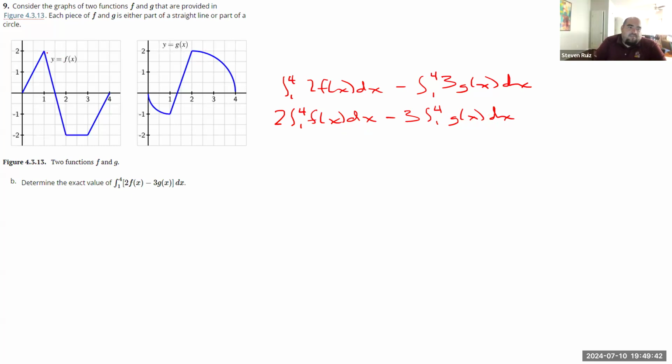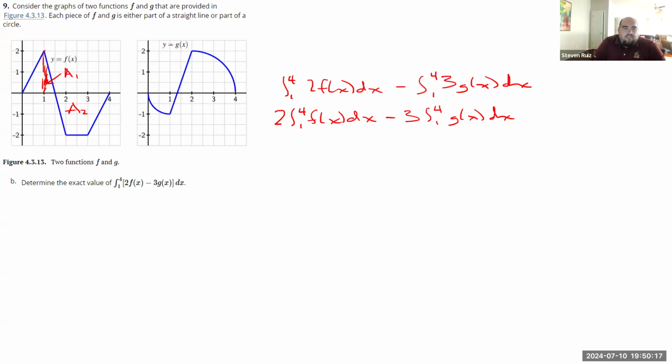So now let's start looking at the areas I care about. So the integral from 1 to 4. I think for f, I'm going to have to split these up into 3 distinct areas. There's a triangle above the x-axis here. There's a trapezoid below the x-axis here. And is that it? That's actually it. Okay. But what about g of x from 1 to 4?